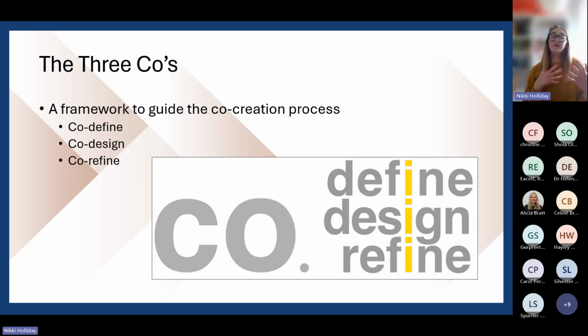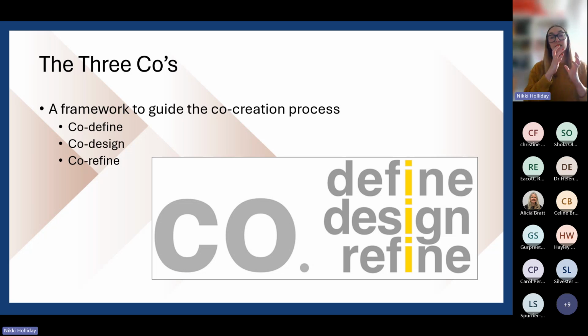And as we're coming at this from an academic point of view as well, a lot of people might be thinking, well, what kind of framework can I use to guide my co-creation work? And the Co-Creating Wellbeing was a follow-on project from a previous project called Co-Creating Welfare. And from that, my colleagues Gemma Pierce and Paul McGee came up with this 3 Co's framework to guide the co-creation process.